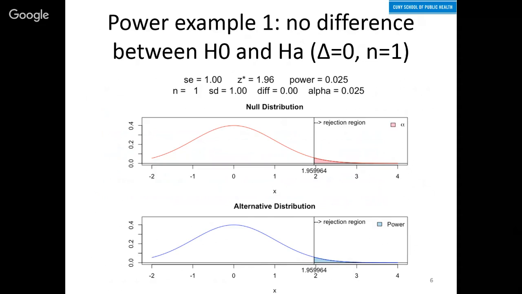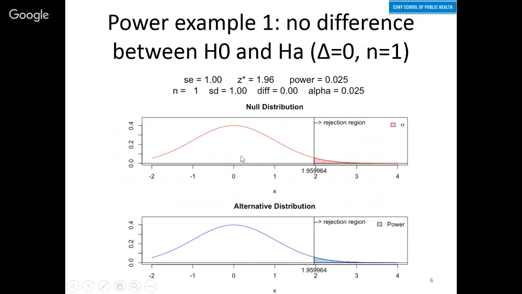So I've drawn out here a normal distribution under the null hypothesis, where let's say this is the difference in means. The true difference in means is 0. So this is a sampling distribution I'm drawing out here.